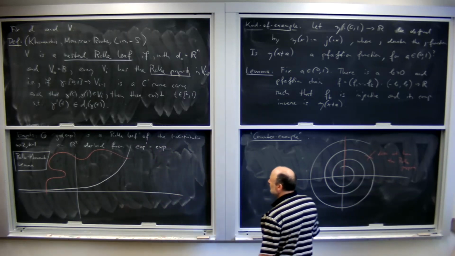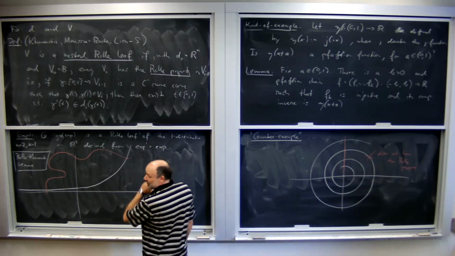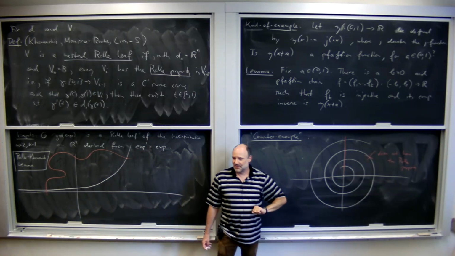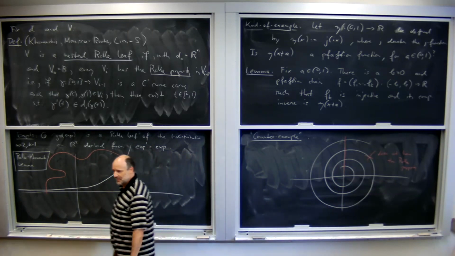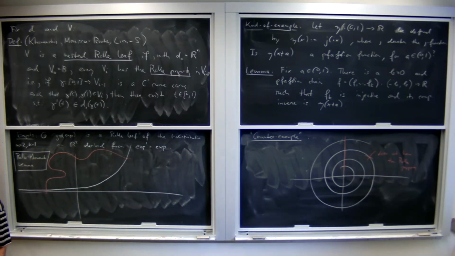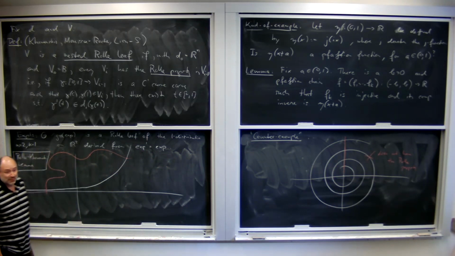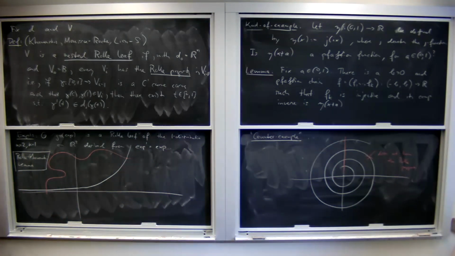So then we really need this Rolle property to exclude the spiraling from happening. That's roughly how to explain why we need the Rolle property. It turns out the Rolle property is exactly the right property you want. It's still the best way to characterize non-spiraling or, in fact, tameness.